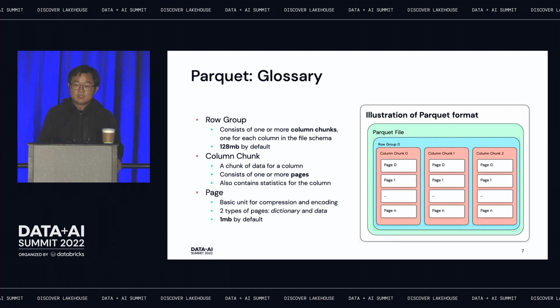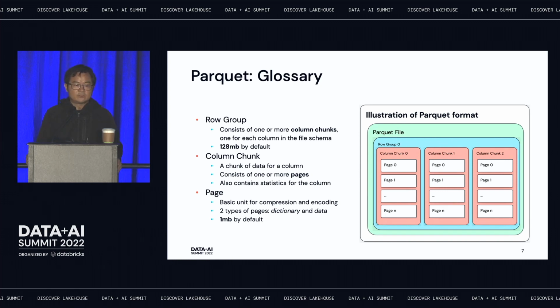Lastly, the page is the basic unit in Parquet for data compression and data encoding. Parquet can employ different compression mechanisms to reduce the file size, the most popular ones being gzip, LZ4, Snappy, Zstandard, and so on. Parquet can also use different encodings to encode the data depending on its shape.